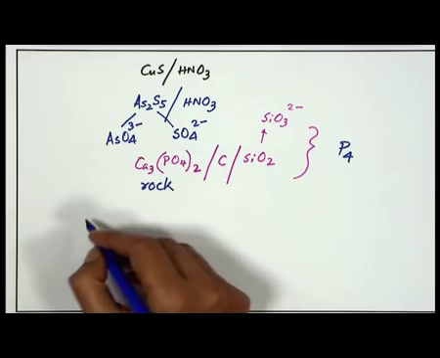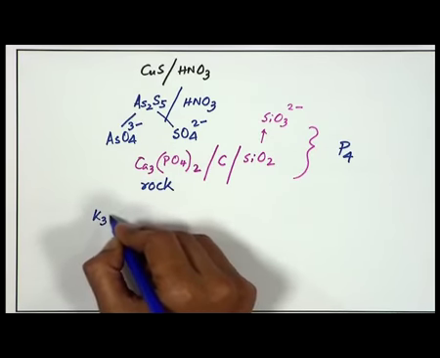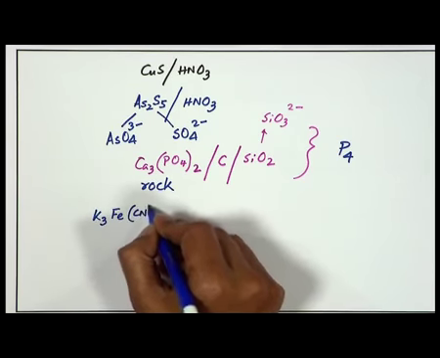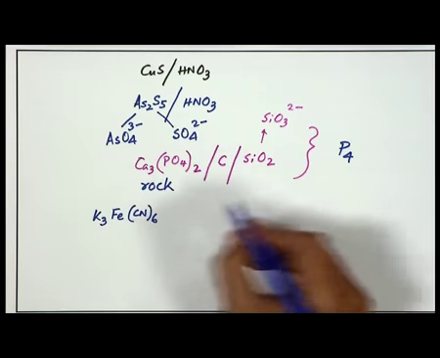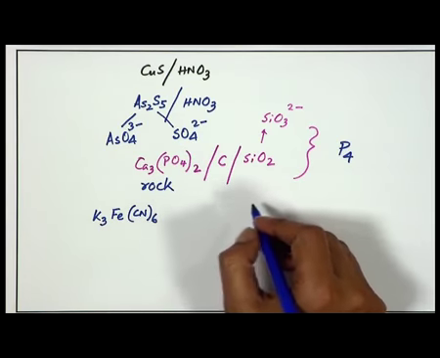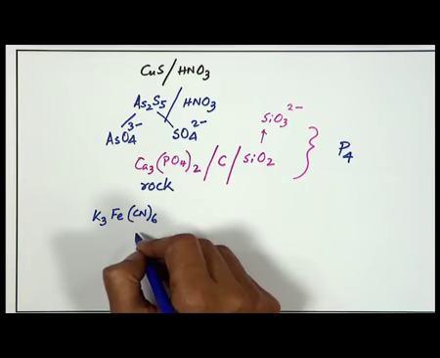One such example of handling some more complex inorganic compound is potassium ferricyanide. How the redox chemistry goes with potassium ferricyanide we should also know.